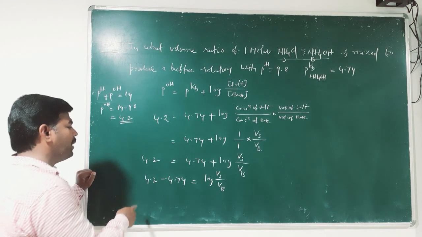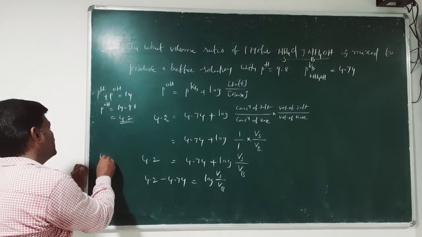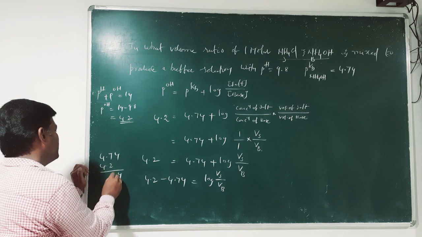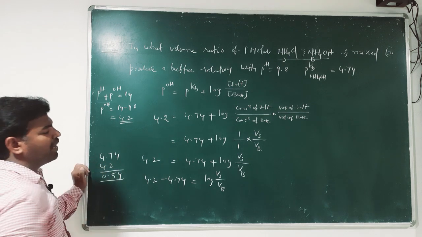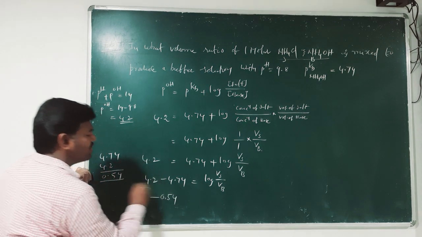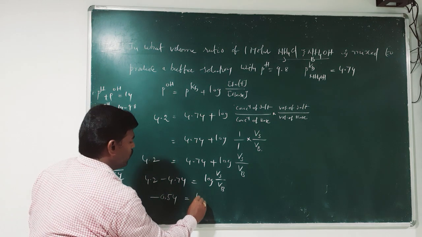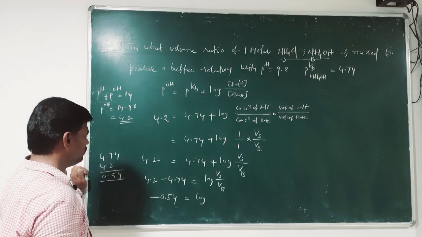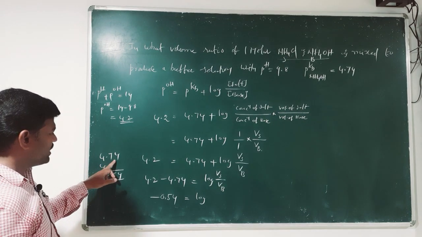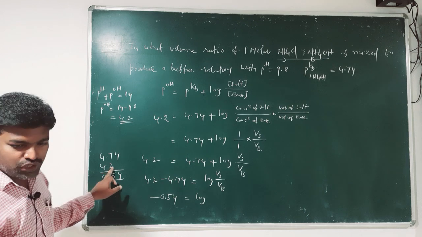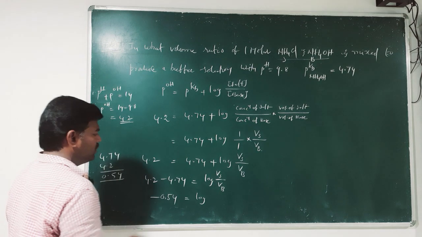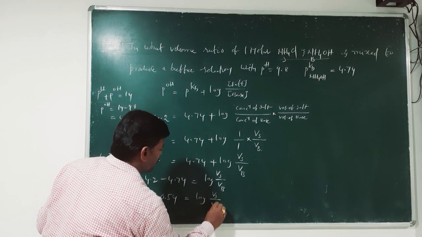This gives 4.2 minus 4.74, which is minus 0.54. So minus 0.54 is equal to log volume of salt by volume of base.